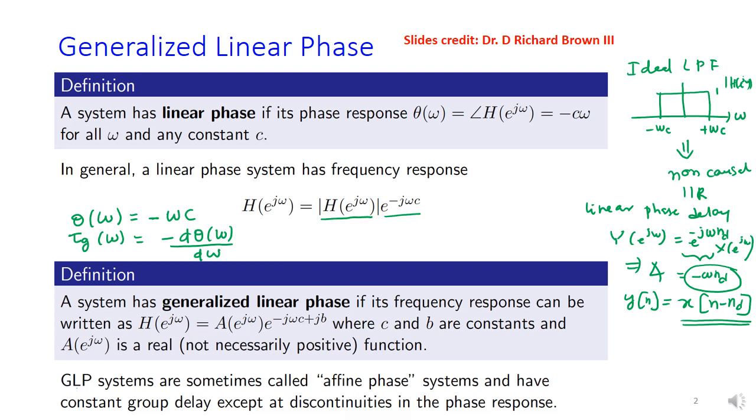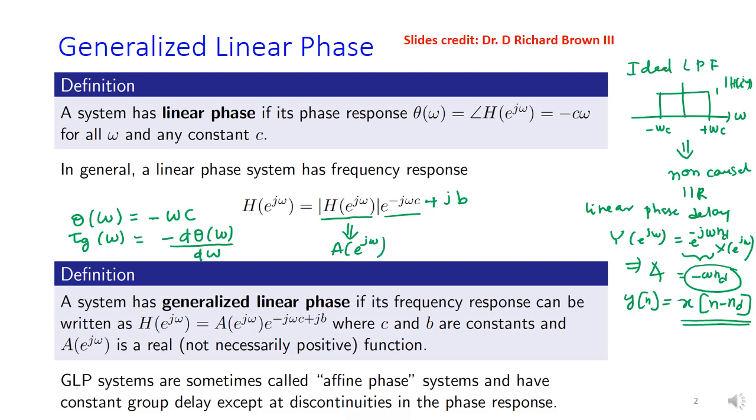When we move from a strict linear phase to a generalized linear phase, these are essentially systems which have constant group delay. In place of just e power minus j omega c, you allow a constant as well, and instead of a strictly positive amplitude, you move to an amplitude A of e power j omega which can take either negative or positive values.